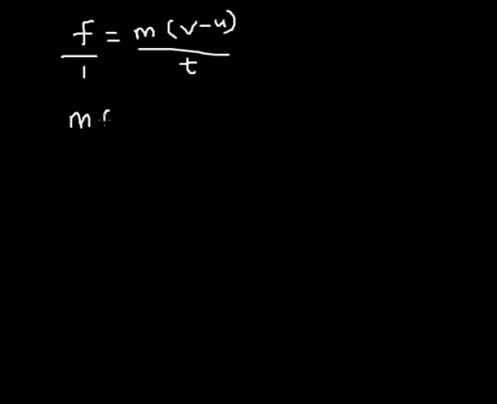Now I still need to derive another formula from what we have before. Force is equal to change in momentum divided by time. If I cross multiply, I'm going to have change in momentum, mv minus u, multiplied by 1, then F multiplied by t, that's Ft.